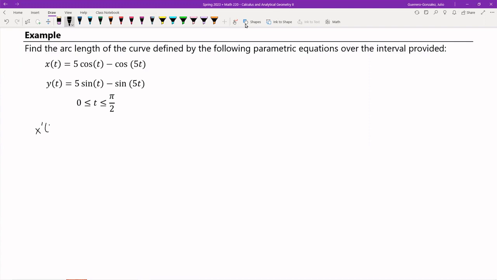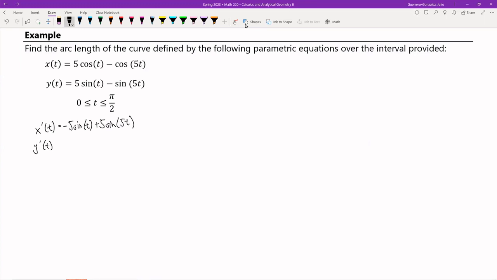First thing I'm going to do is just define my x prime of t. So it's going to be the derivative of this top thing, so it's going to be negative 5 sine of t plus 5 sine of 5t. So this one has just your good old regular derivative. The second part is going to require chain rule, so just make sure you're up on that.